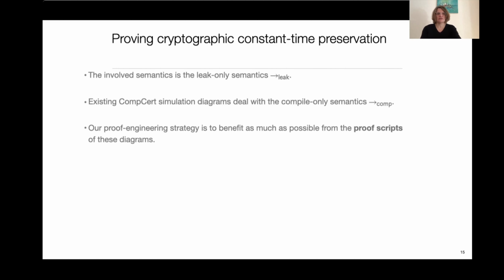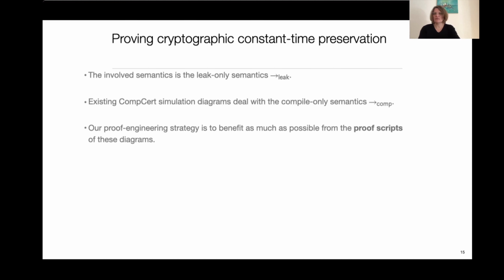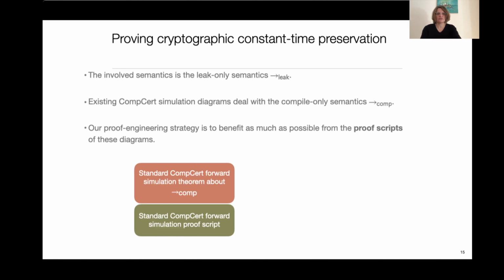So we start from the existing proofs. And here, let's imagine we have a diagram about a compile-only semantics with a proof script. So something that is already proved in CompCert. What we did is as follows.